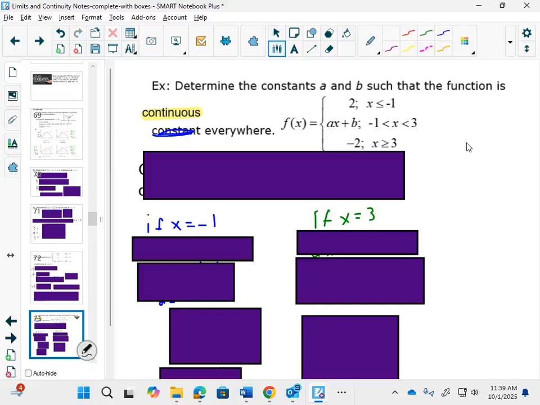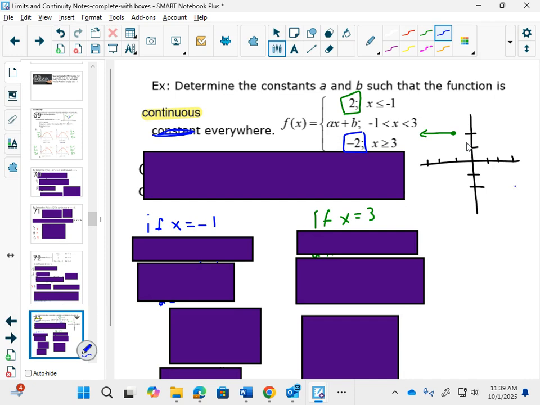If we think about this graphically, whenever x is less than or equal to -1, it's equal to 2. So I can put a solid dot there, straight line there. Agree with that part? And whenever x is bigger than or equal to 3, it's -2.